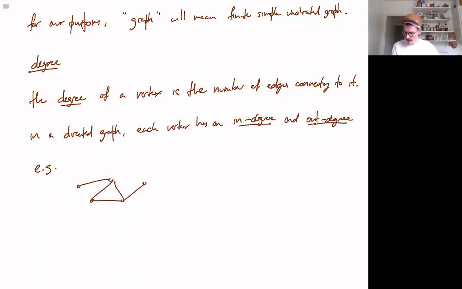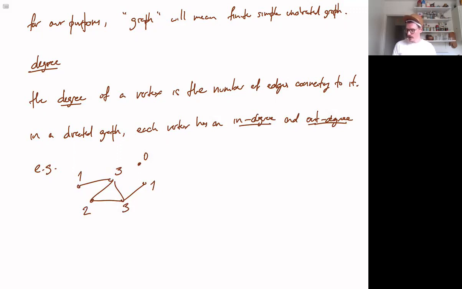That's the degree. So this guy has one edge leading out of it, so that has degree 1. This guy has 3 edges, which means it has degree 3, and so on. This has degree 2, this has degree 3, and this has degree 1. And if we add another vertex out here, with no edges, this has degree 0.